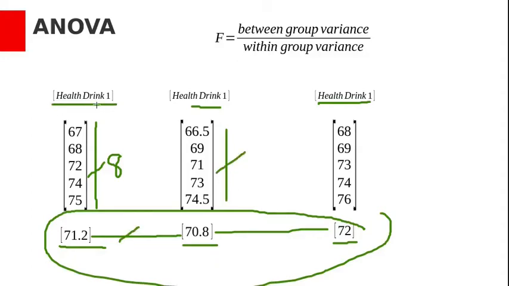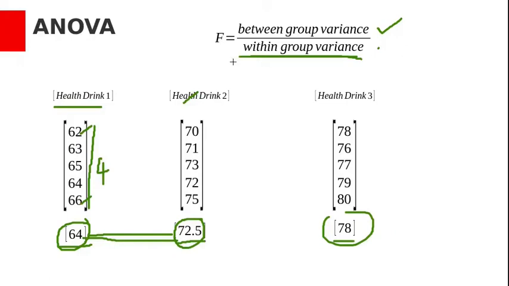So we can conclude that when a factor like health drink influences the heights, their between group variance will be more and within group variance will be small. If health drink doesn't affect the height, then this between group variation will be small and within group variation will be high. That is the reason we are taking the ratio of this between group variance and within group variance.